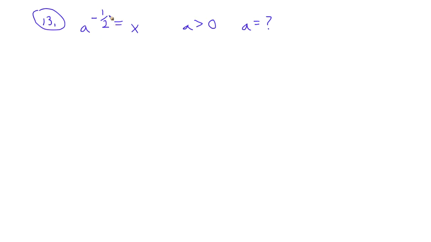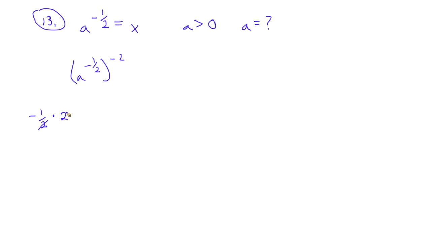Now this problem is asking me to use my exponent rule so that I can solve for A, where X is on the right side of the equation, and I'm attempting to solve for A in terms of X. The first thing I need to do is eliminate this exponent, and the way I would do that is by raising it to the power of -2, because with an exponent to an exponent, where here I have -1/2 and then another exponent of -2, this becomes 1.